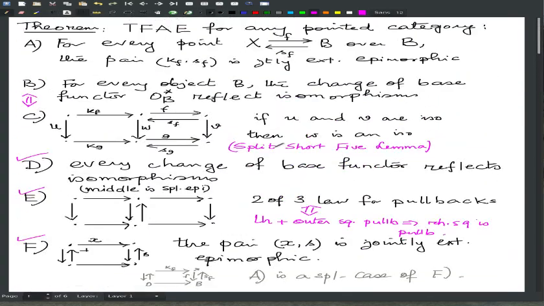So this condition of change of base preserving, reflecting isomorphisms would also immediately say that change of base reflects monomorphisms, right? So you see there is a very neat and close connection between reflecting of isomorphisms and reflecting of monomorphisms.